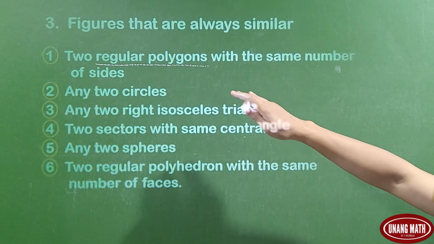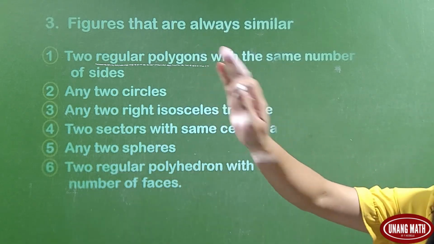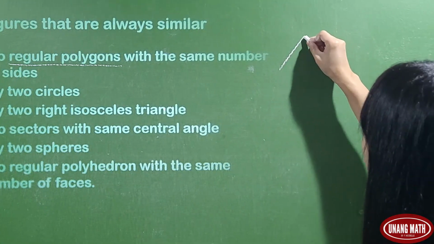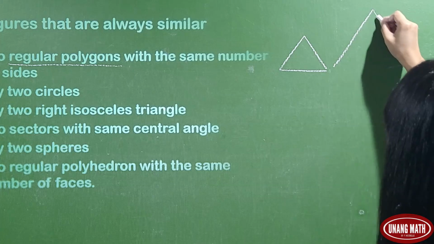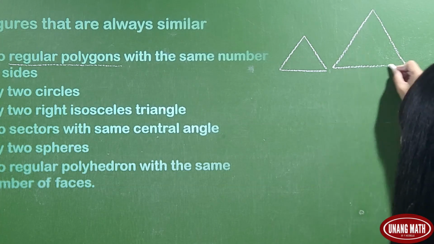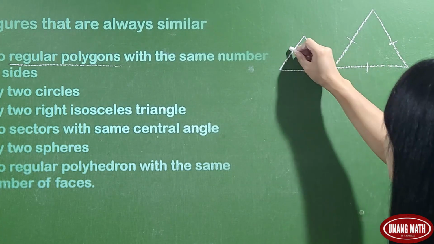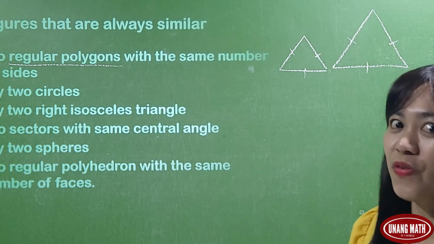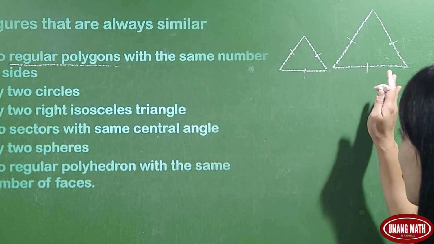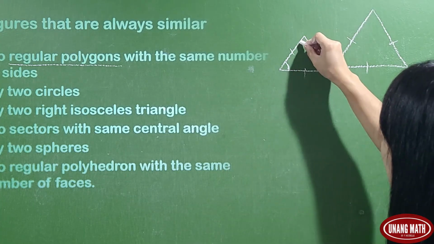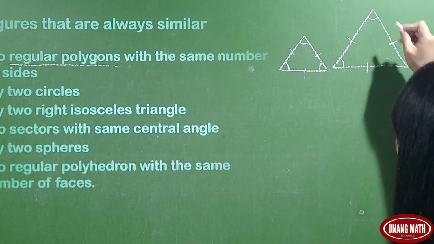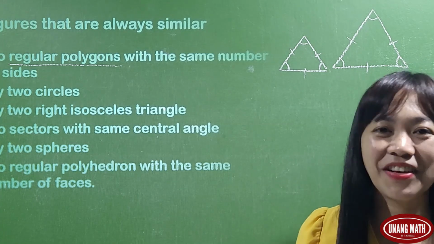So this is an equilateral triangle. This is also an equilateral triangle. And these two equilateral triangles are similar figures. It's because each angle measures 60 degrees.